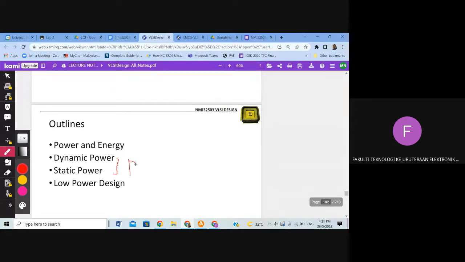The total power of a design is the combination of P static plus P dynamic, whereby inside P dynamic we have the switching power, P switching, PSW. Then we will look in detail at the effect of the switching on the total dynamic power, and eventually on the total power.